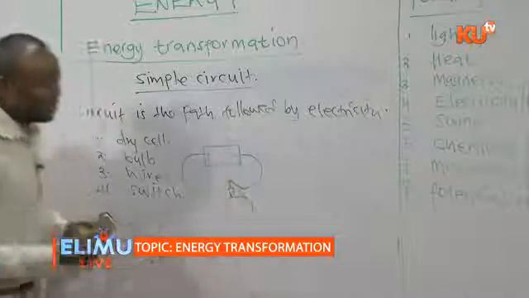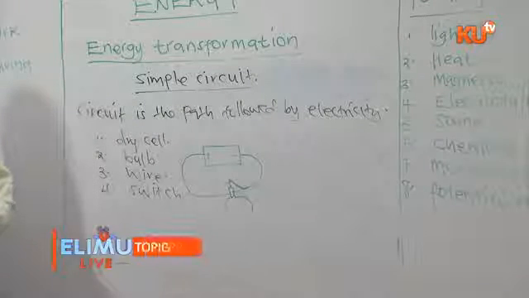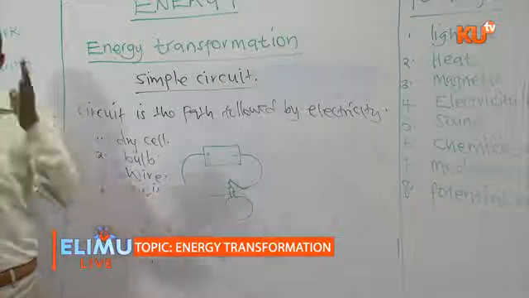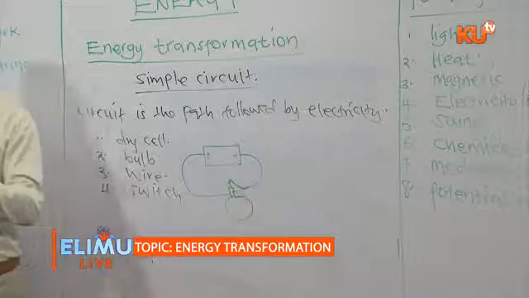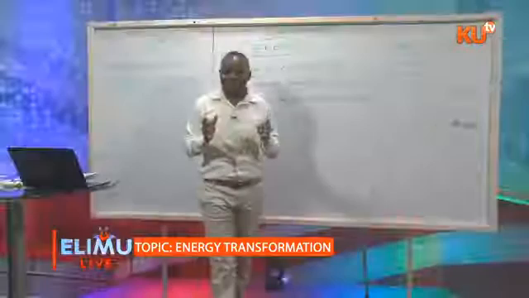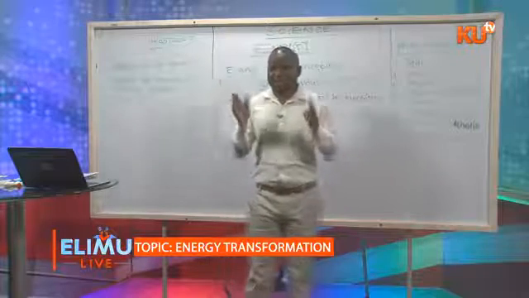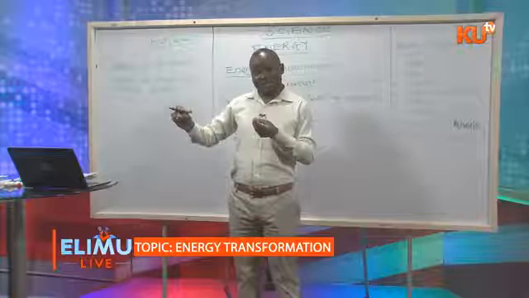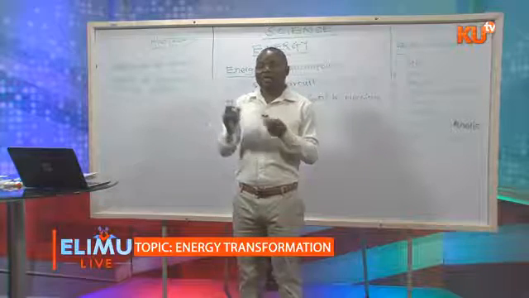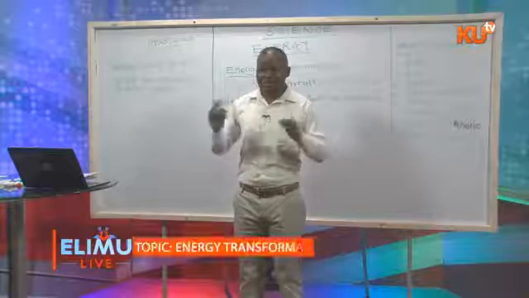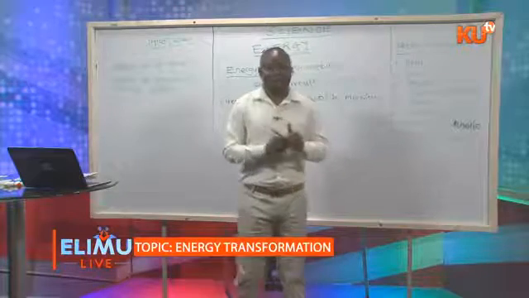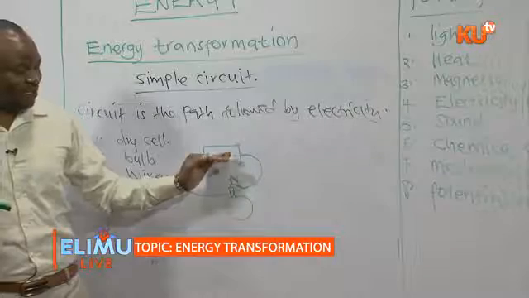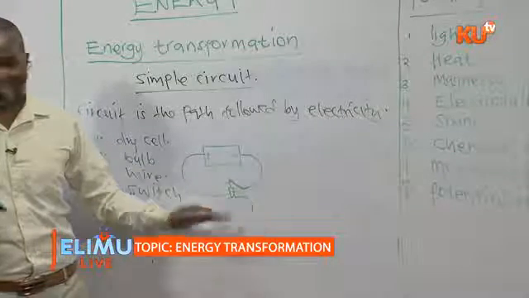So that is what you call a complete circuit. Why am I drawing a complete circuit? Because a complete circuit is the only place where we can see energy transformation. When the circuit is not complete, you cannot identify or see energy transformation. I've drawn this to show that the energy is being moved from this part until the end.